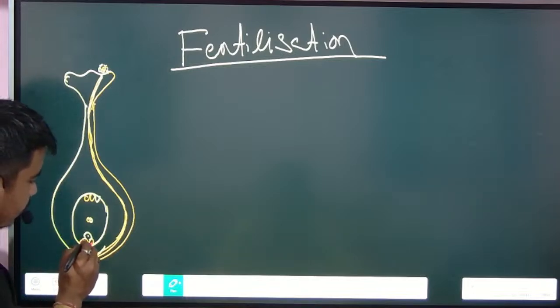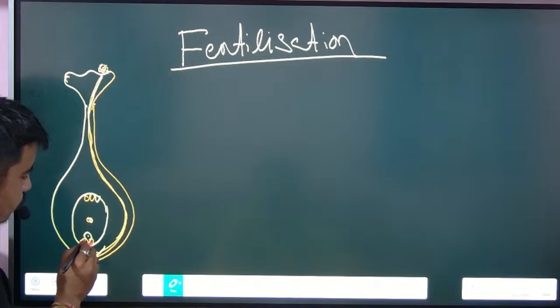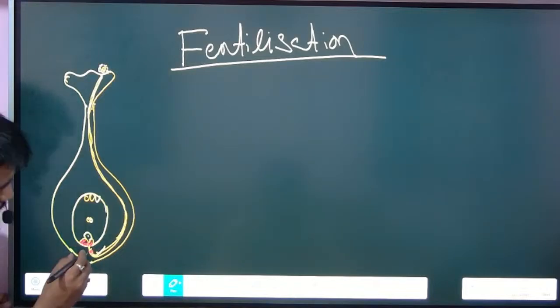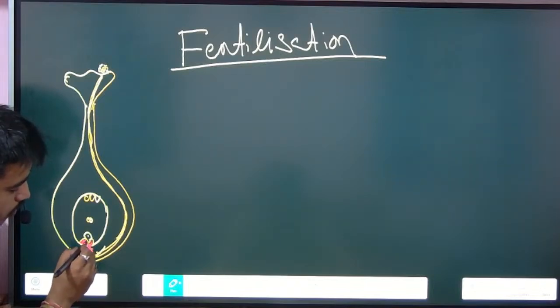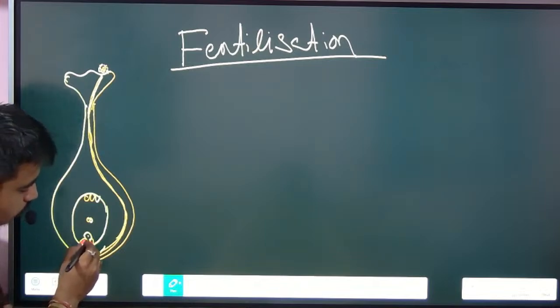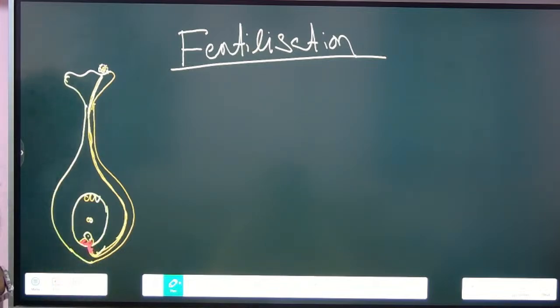The filiform apparatus is attached to the synergids. This filiform apparatus will show the direction of the pollen tube to the egg.